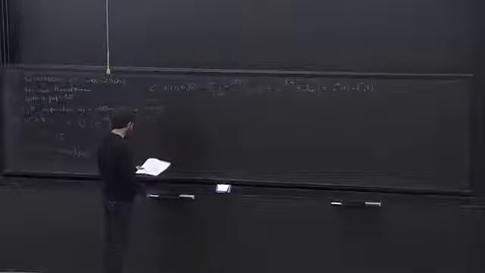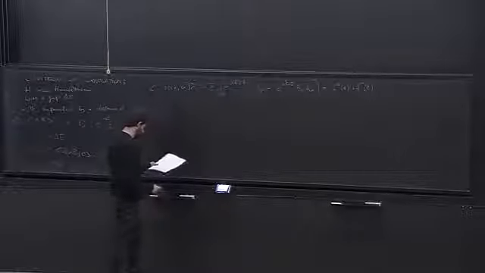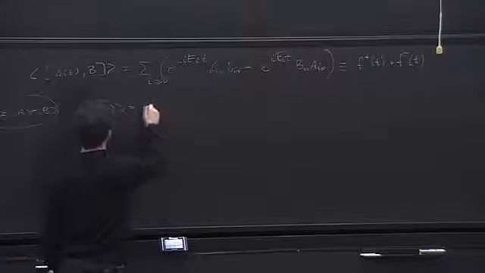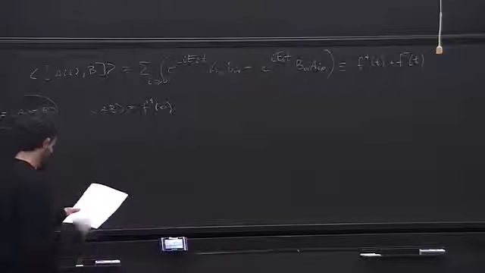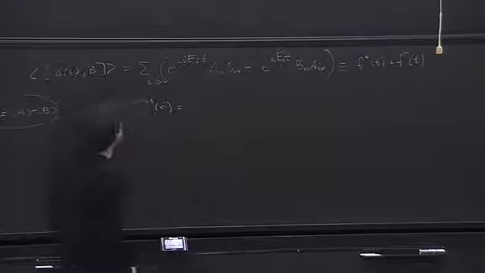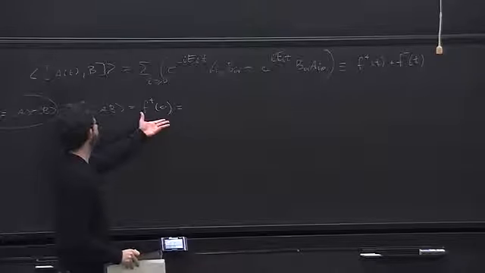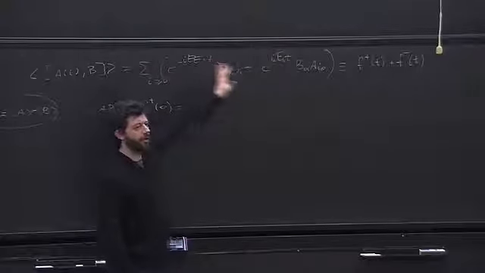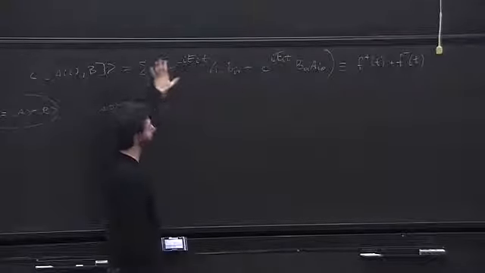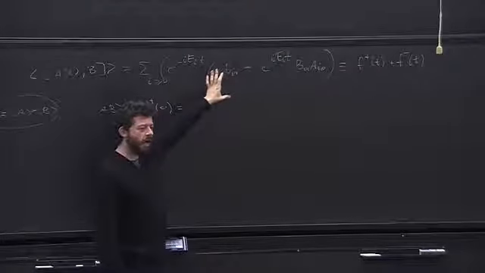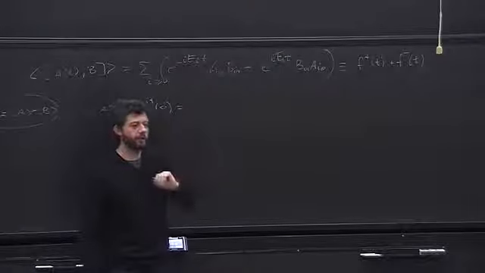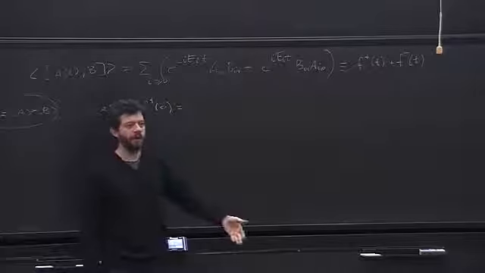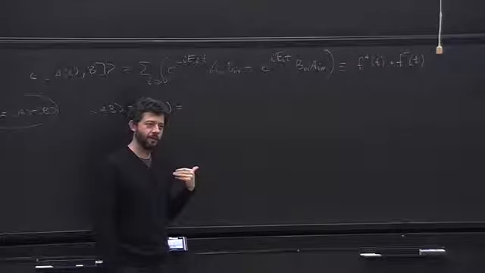To do things nicely, I will need the Fourier transform. We just said that the correlation is equal to f plus at 0, and I can write it in this way. So how do I extract f plus at 0? I first do a Fourier transform, so I go into the frequency domain. Then I filter out the negative frequencies using a step function. Then I transform back to the time domain, and then I send t to 0.